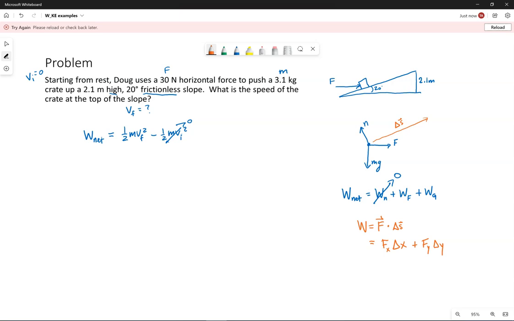When we talk about the work done by the pushing force, the pushing force is horizontal. It's in the x direction. So I only care about the delta x when I'm calculating the work done by that pushing force.